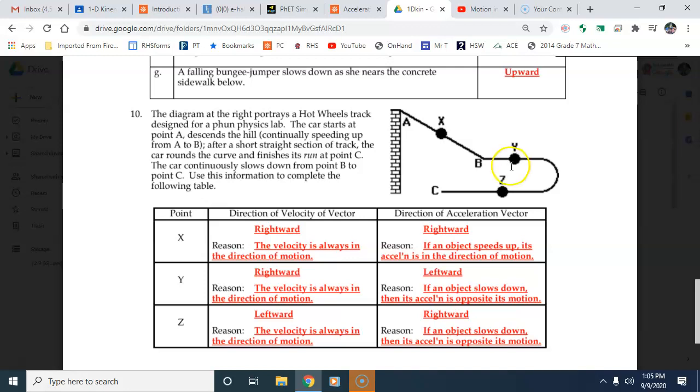And then the curve in the track redirects me, which is just going to reverse everything. I'm still slowing down until I get to the end, right? But as I go through position Z, now I'm going to the left, so my acceleration has to be right, because it redirected everything to turn, right? Same idea as up here, but it was a little more confusing maybe because of the diagram. But the idea should still be simple as long as you understand that.